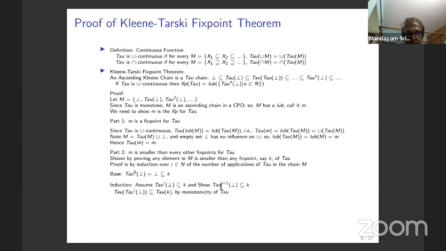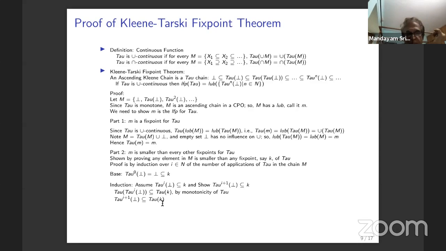So since by induction hypothesis, tau to the power of I of bottom is less than or equal to K, tau applied to both sides must preserve the ordering. And this reduces to tau to the I plus 1 of bottom.